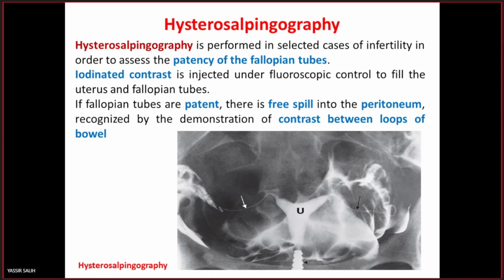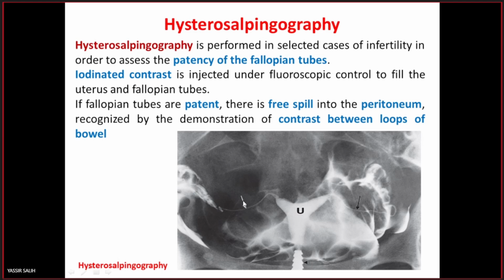Okay, we will talk about hysterosalpingography. Hysterosalpingography is the imaging technique performed in selected cases of infertility for what? For assessment of the patency of the fallopian tube. And I think one of the causes of infertility is blockage or obstructed tube, because the ovum travels through this fallopian tube.